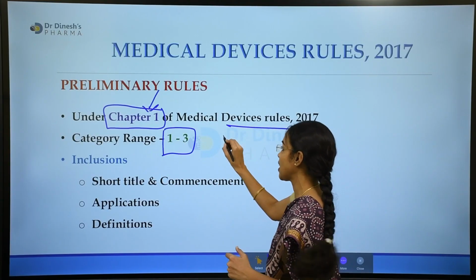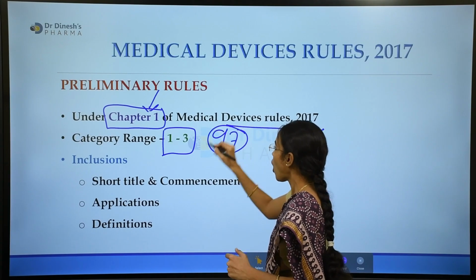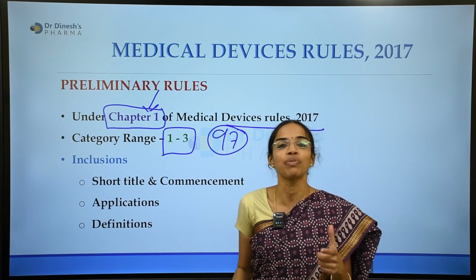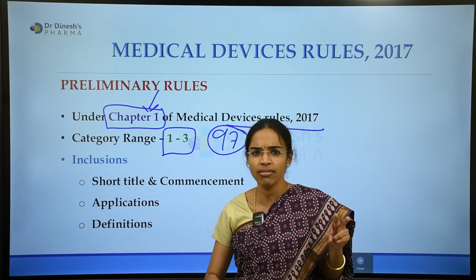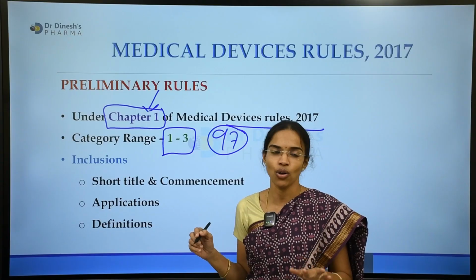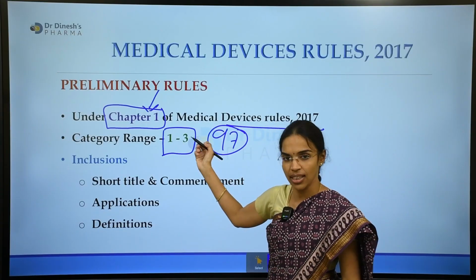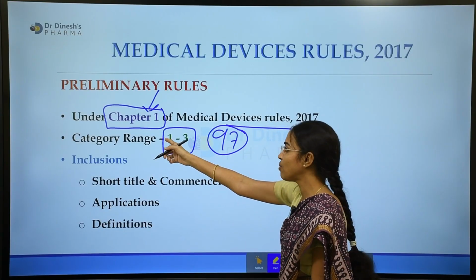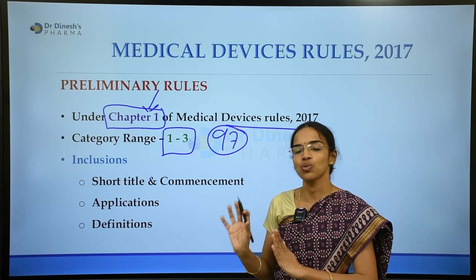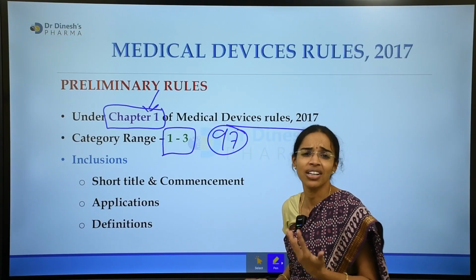Out of 97 rules, rules 1 to 3. At some places it is mentioned that only rules 1 to 2 are covered under chapter 1 of the MDR, but it is not so. Rules 1 to 3 are covered under chapter 1. What do they indicate?